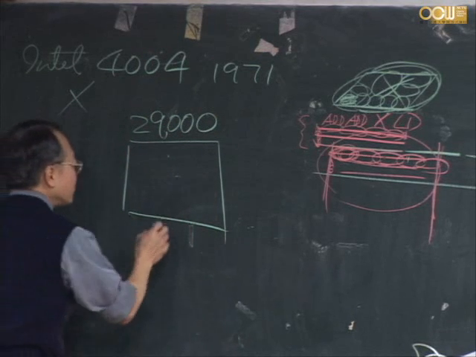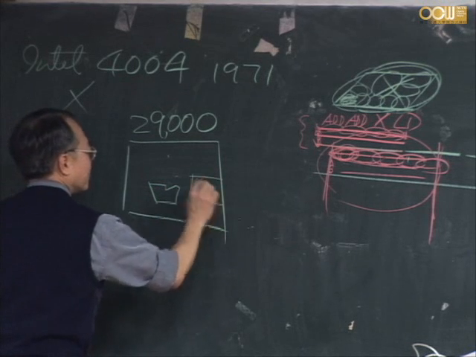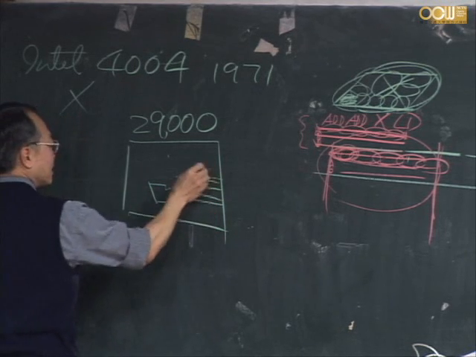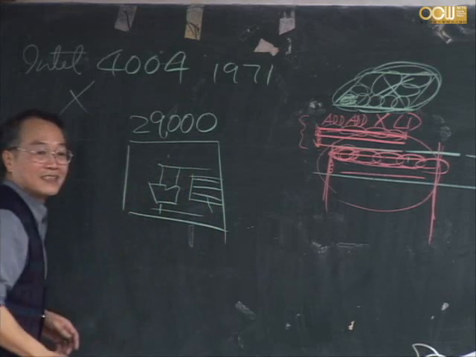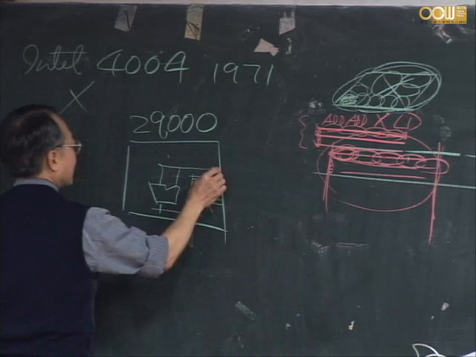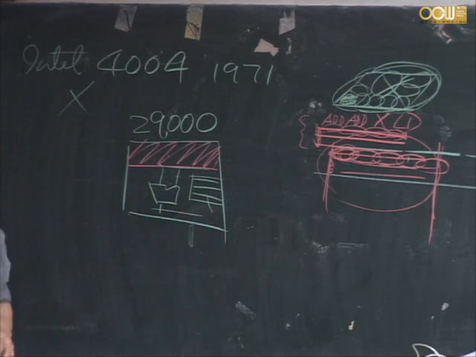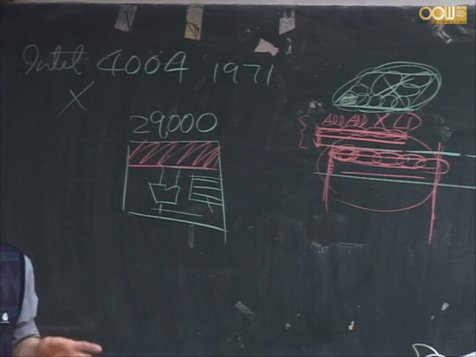transistors, it implements a very simple ALU, only a few registers, very simple buses, yet uses a lot of space to write its microcode.